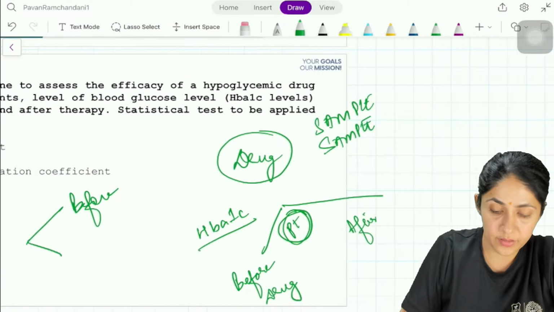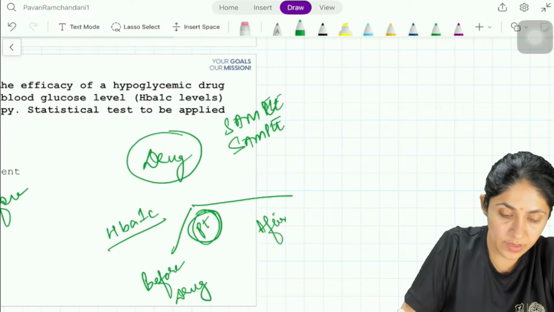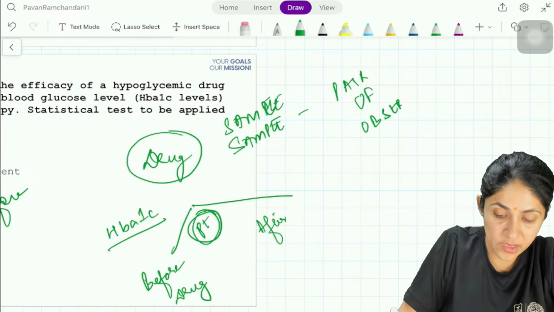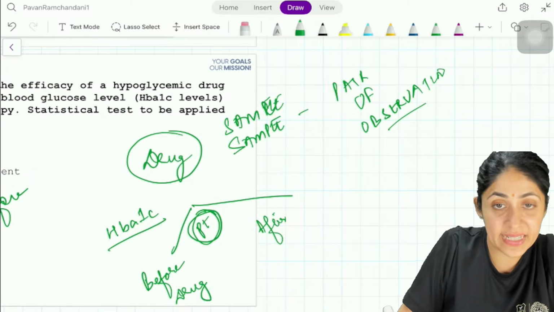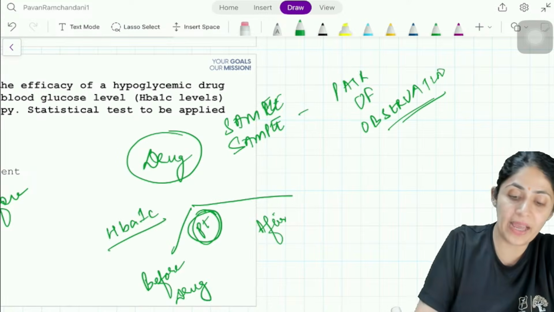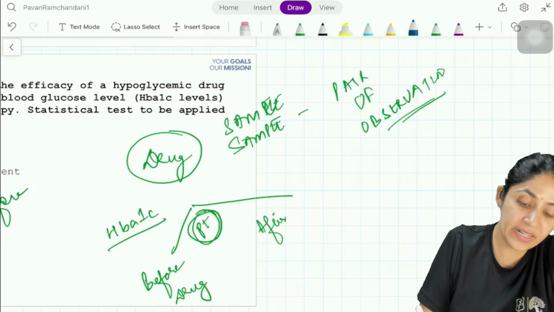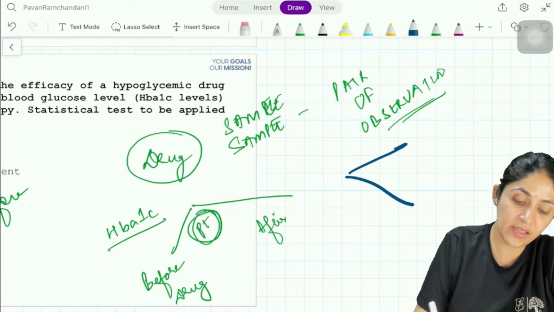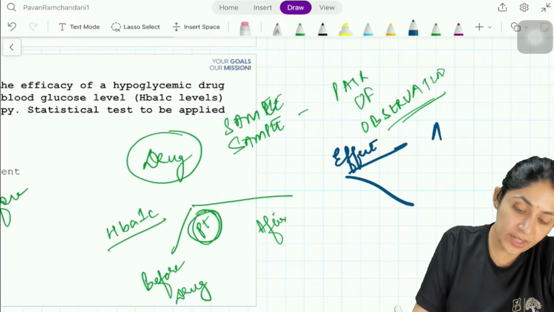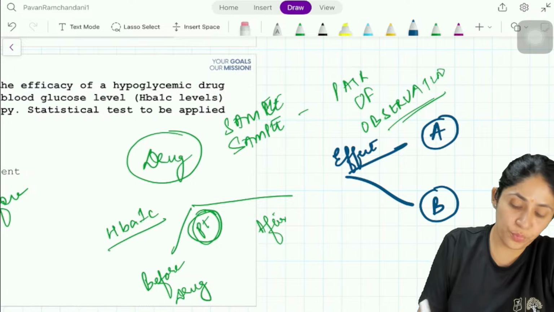Same sample, pair of observations, that is when you have a paired t-test. Unpaired t-test is applied to independent observations. Suppose you were checking the effectiveness of a drug in group A of people and group B of people.